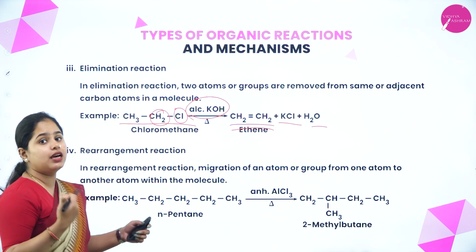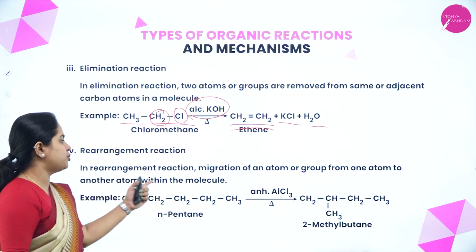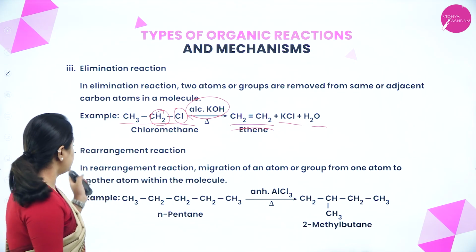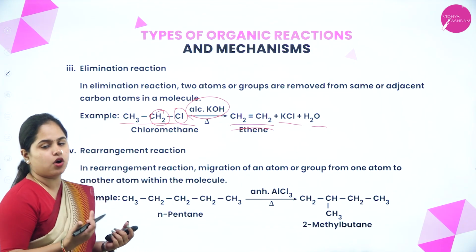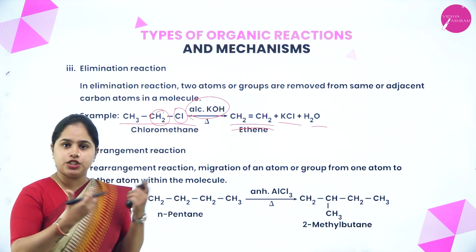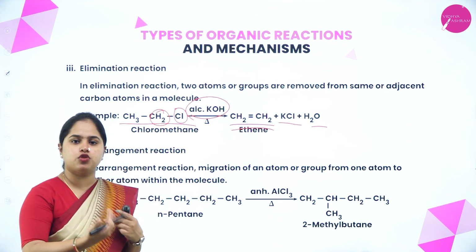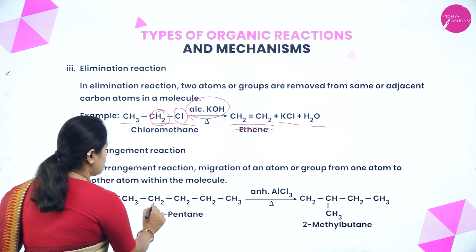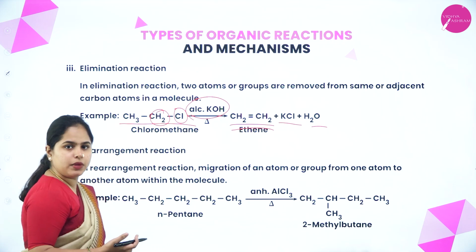The next one is rearrangement reaction. In a rearrangement reaction, migration of an atom or group of atoms from one atom to another atom within the molecule is called rearrangement. Rearranging means within a molecule, the atoms or groups of atoms are being rearranged. As you can see, 1, 2, 3, 4, 5, it is normal pentane.